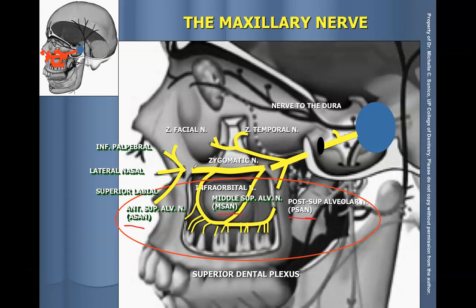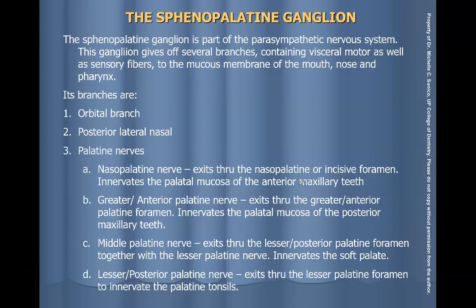So that is the route of the maxillary nerve. Now, remember, I mentioned that at the pterygopalatine fossa area, there is another ganglion, which is the sphenopalatine ganglion.